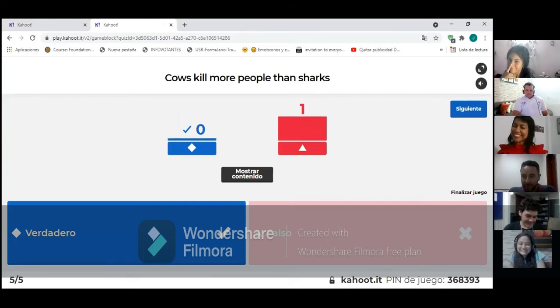You didn't know, right? It's not easy to know that, but actually more people are killed by cows than by sharks because of the exposure. That's right, right?